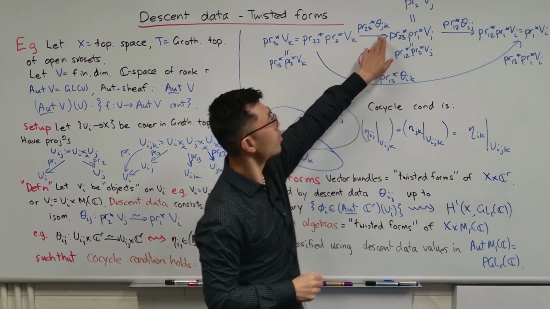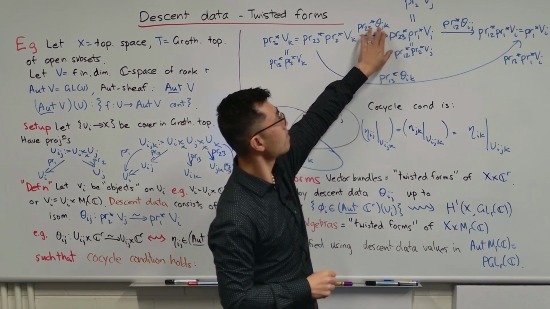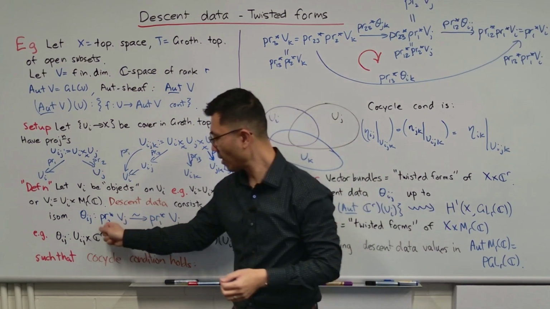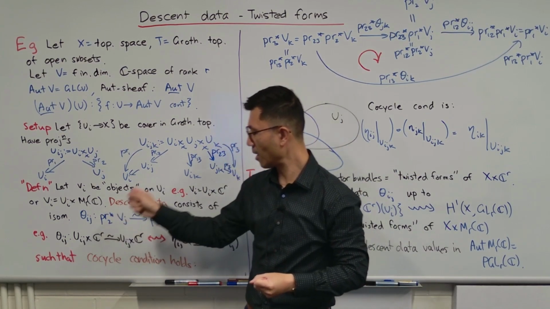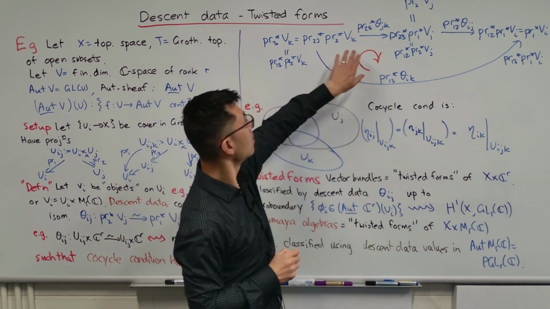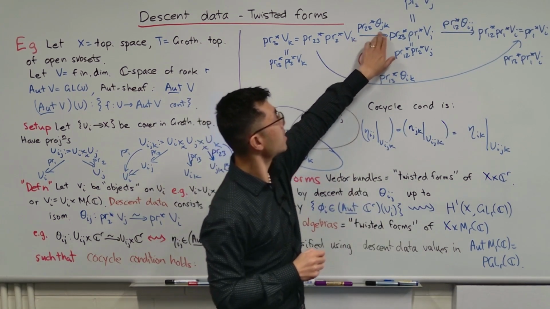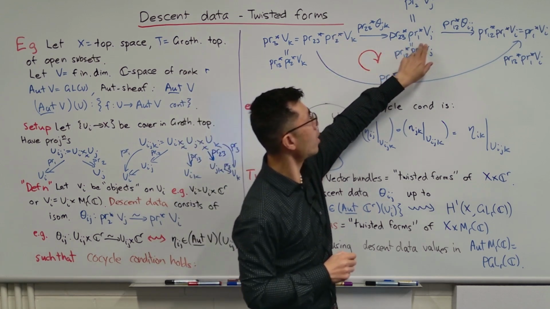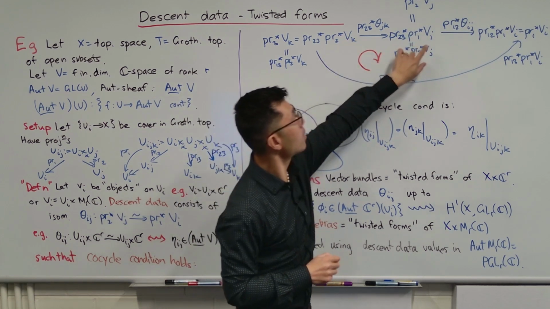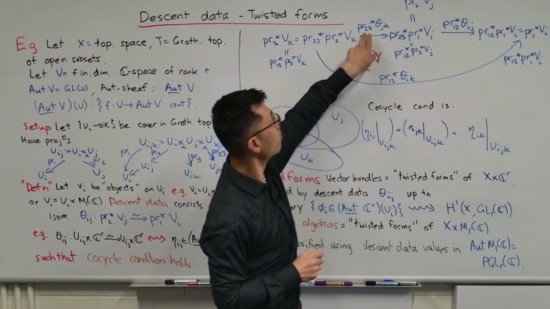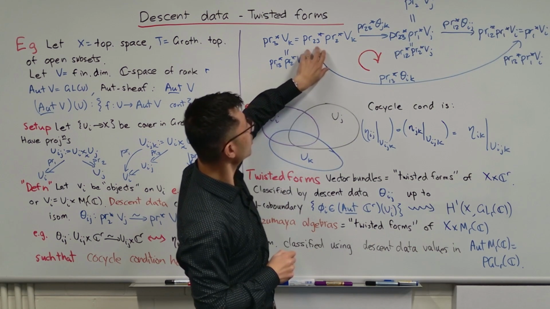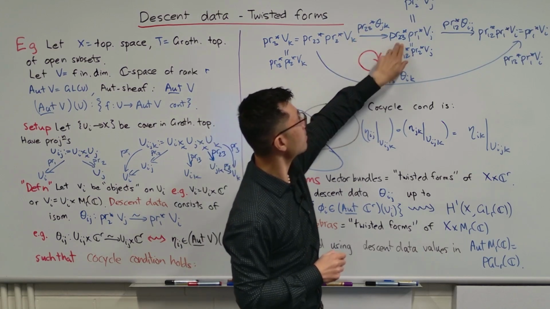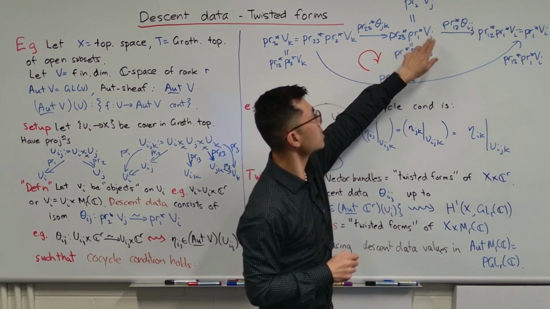Okay, so let's just see what's going on. Let's look at this first map, theta_jk. That's basically looking at what happens when you go from the pullback on V_k up to the pullback on V_j. So this theta_jk goes from projection 2 upper star V_k up to projection 1 upper star V_j. And I'm going to pull that back by projection 23. So I go from projection 23 upper star, projection 2 upper star V_k, to projection 23 upper star of projection 1 upper star V_j.